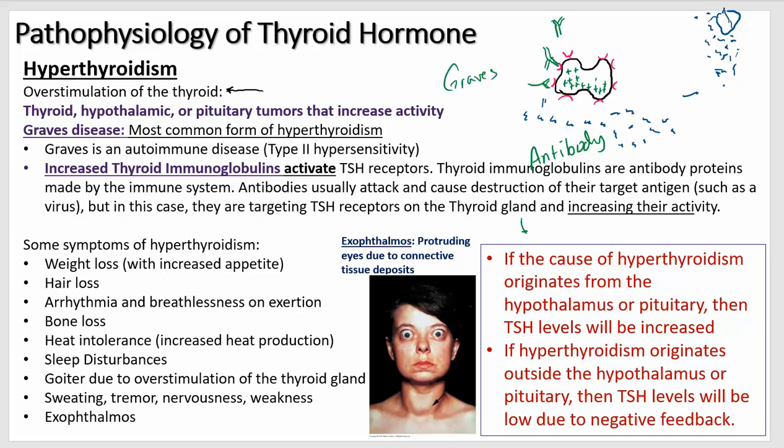So you can kind of see that your TSH levels, and you have to understand this, Graves' disease is one of the most common forms of hyperthyroidism, and TSH levels are measured in lab tests.